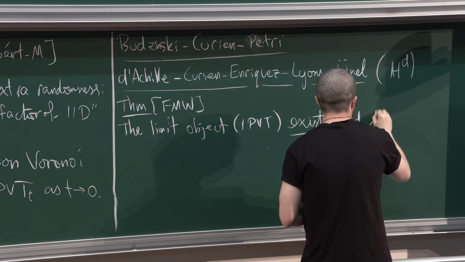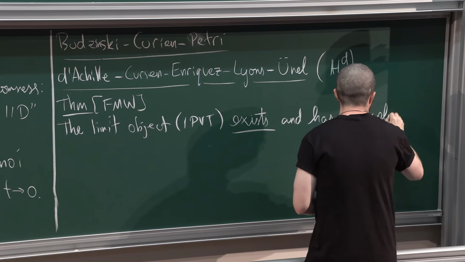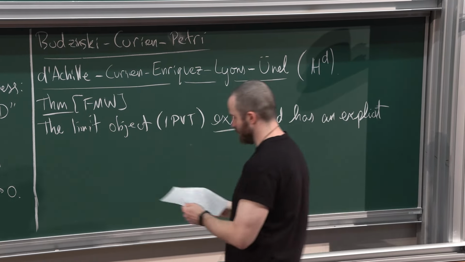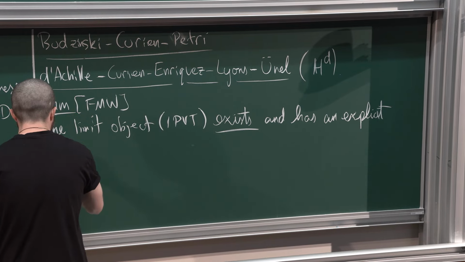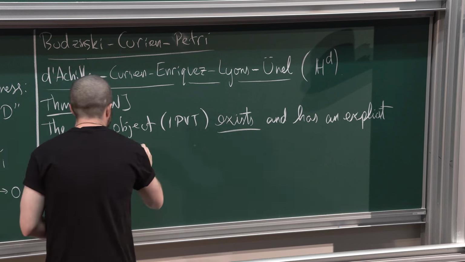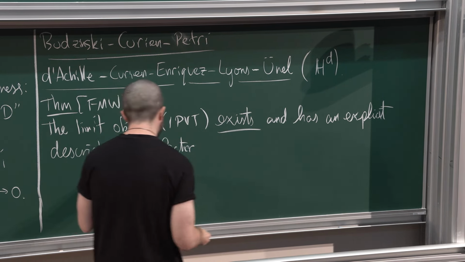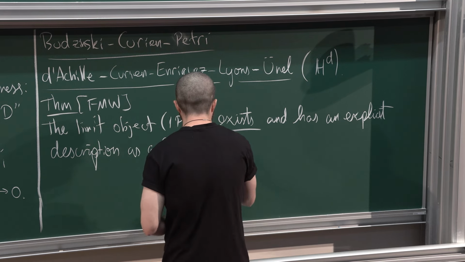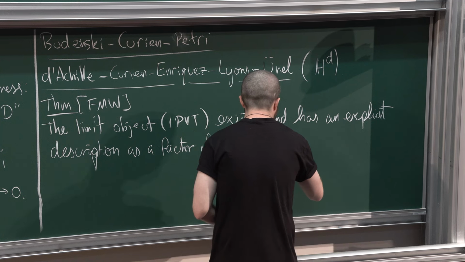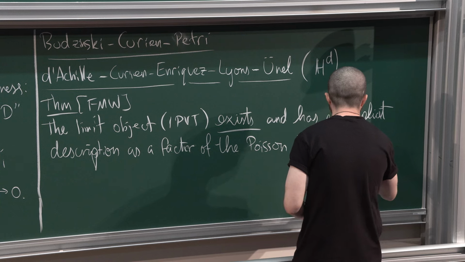And has an explicit description as a factor, let's call it a factor, I'll explain this terminology tomorrow, as a factor of the Poisson point process on some homogeneous space.